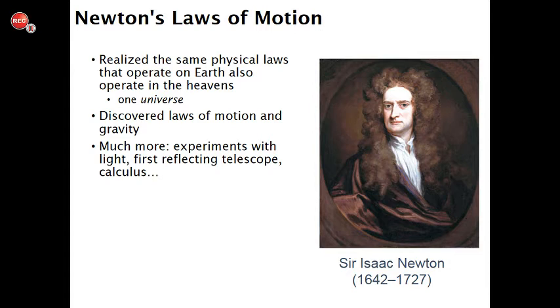He studied alchemy, and so he kind of had a lot of mercury and went a little loopy at the end. He built calculus, he built telescopes, and he built the necessary understanding of gravity that we need.